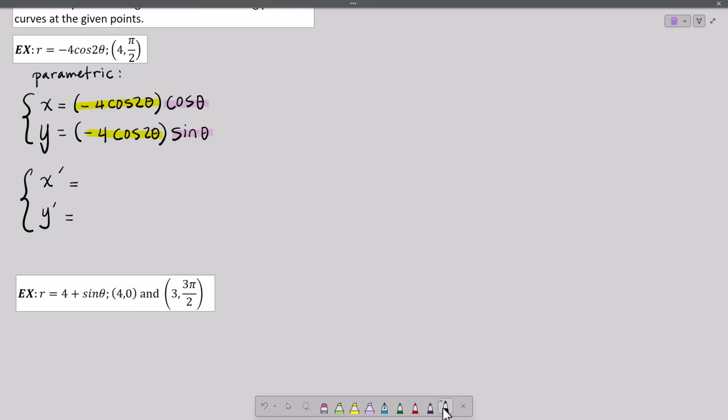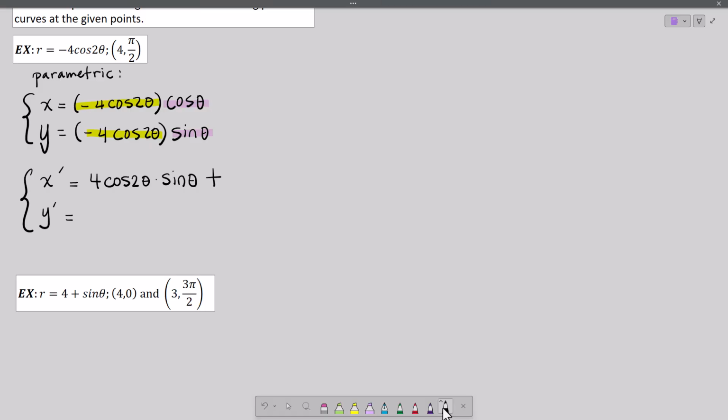So first function times derivative of second function. Derivative of second function is negative sine of theta. So the negatives will cancel and we will have 4 cosine of 2 theta times sine of theta. So that's first times derivative of second. Plus the derivative of the first times the second.